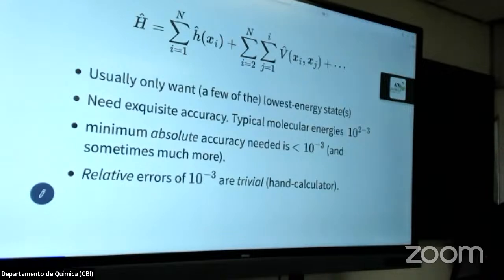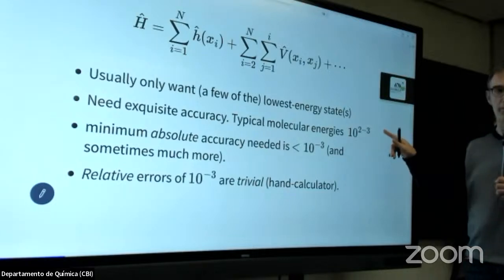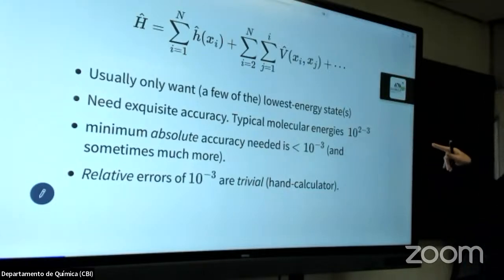There are a few things that we should say about it. One is that it's an eigenvalue problem, but we usually don't need all the eigenvalues. We just want a few of them, the low energy ones. We need incredible accuracy. Typical molecular energies, I say 10 to the 2 to 10 to the 3, but they can easily be 10 to the 4, 10 to the 5, 10 to the 6, depending on how big your molecule is. The molecular energy grows linearly with the size of the molecule.